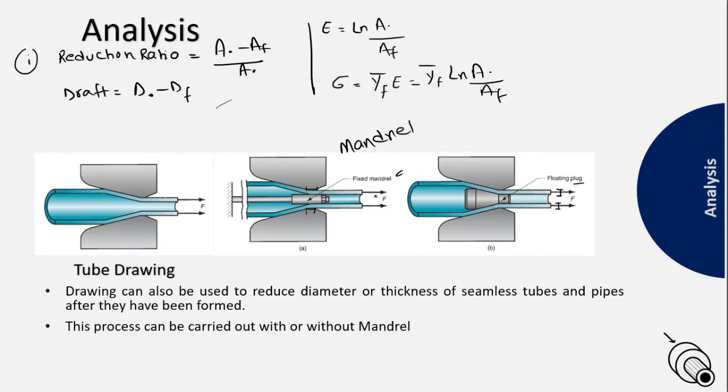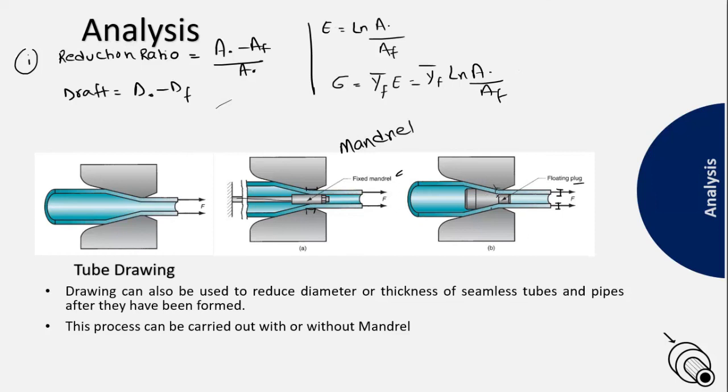But what if we have a very long pipe? We cannot have a very long support for the mandrel. So for that we insert a floating plug into the pipe. Once this plug gets stuck at the bearing surface, the remaining opening would be the thickness of the wall.